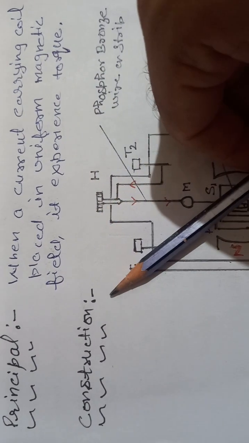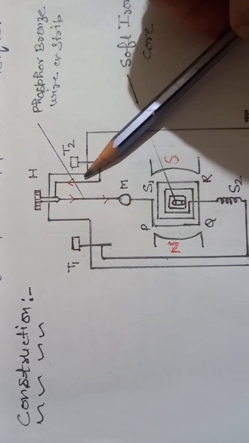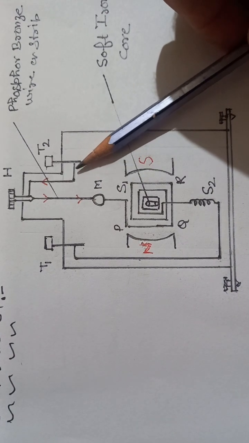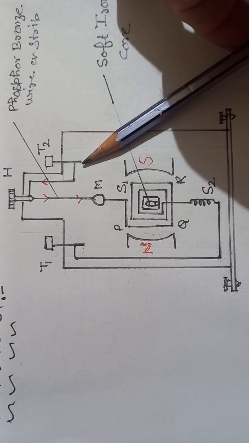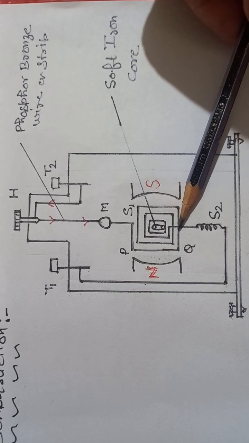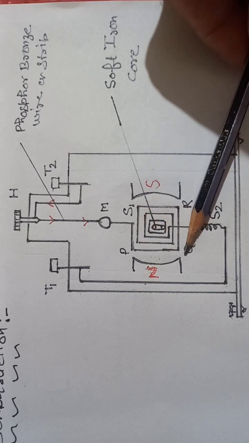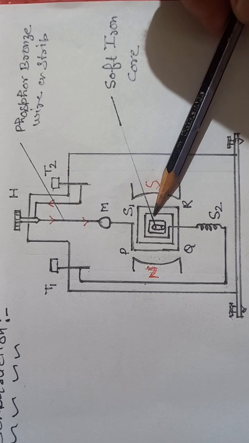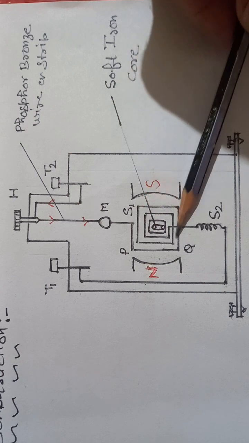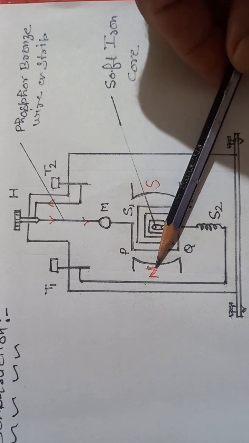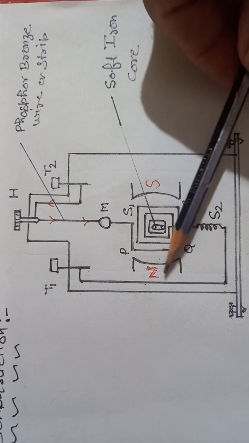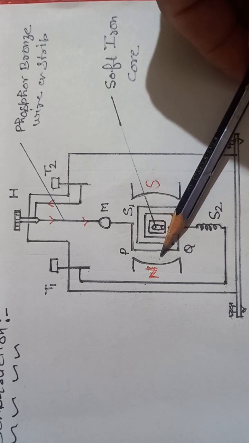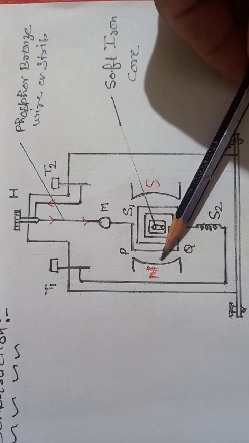So in the construction part, here you are going to see a diagram of MCG on your screen. The different parts of the diagram are: here is a rectangular coil PQRS made up of insulated copper wire, and this coil is suspended between the two poles of a permanent magnet, that is N and S, and the shape of these magnet poles is cylindrical.